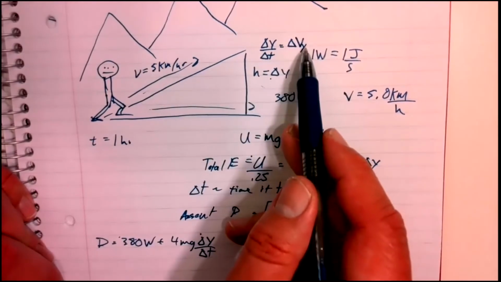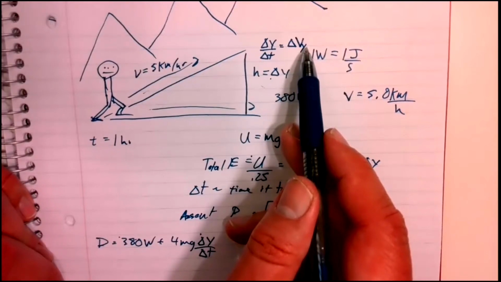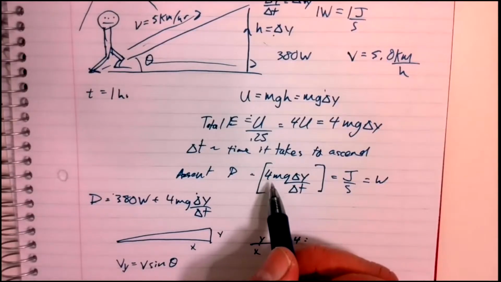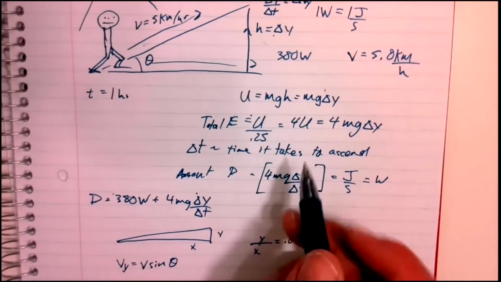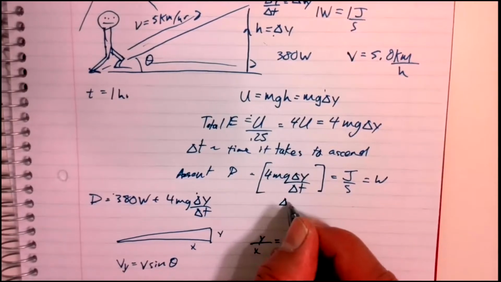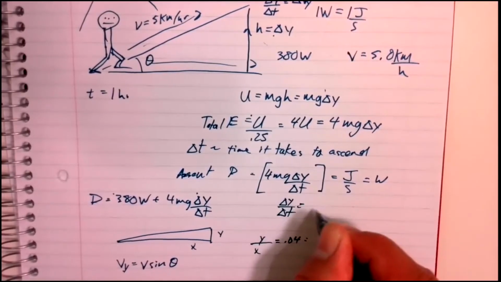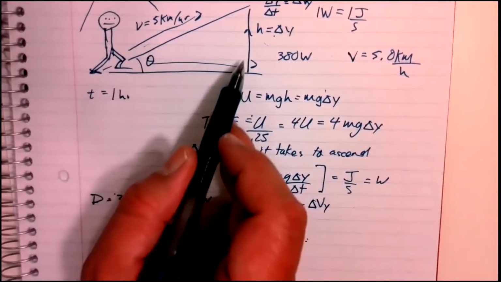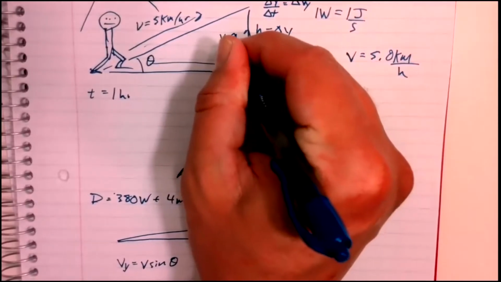What we don't know is our y velocity. So delta y over delta t equals my y velocity, vy. That is my component of velocity in this direction here.